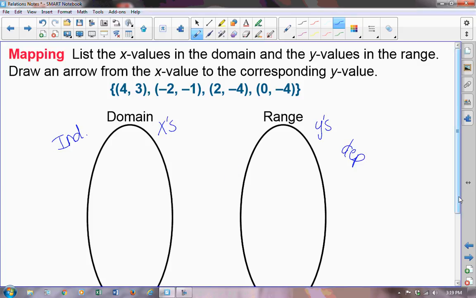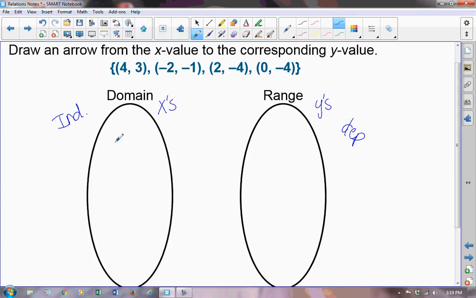So when we're doing a mapping, you'll list the X coordinates under the domain, so 4, -2, 2, and 0. And then we're not going to repeat anything in the range. So we have a 3, a -1, and we have 2 -4, so we're going to just write that once.